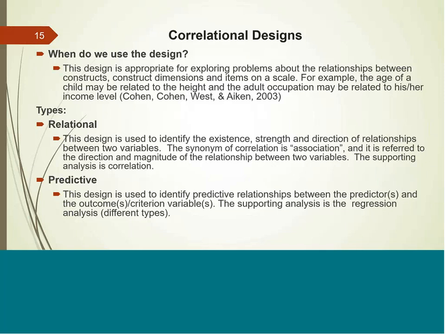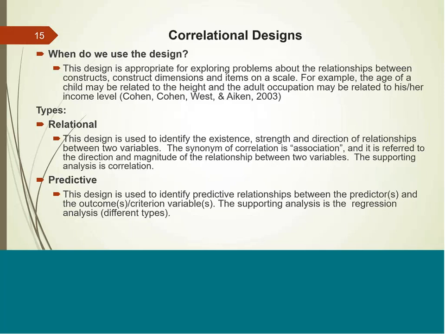Predictive is used to identify predictive relationships. This is something commonly used in business, in sales. You want to predict how much sales you're going to have based on different individual parameters, aka independent variables.